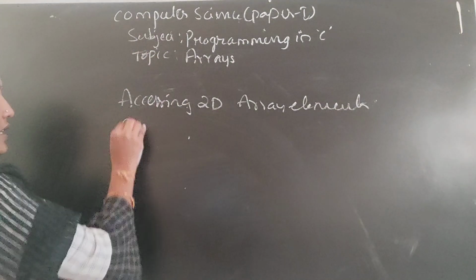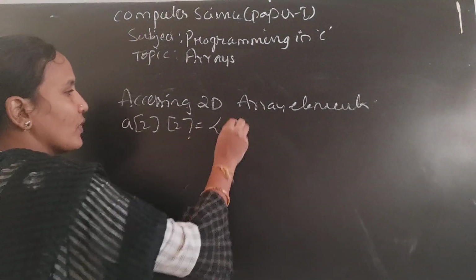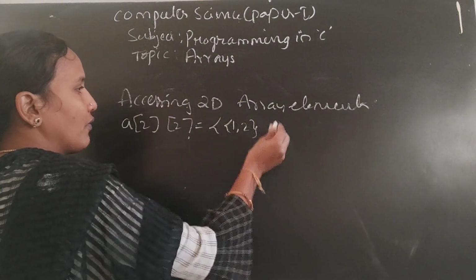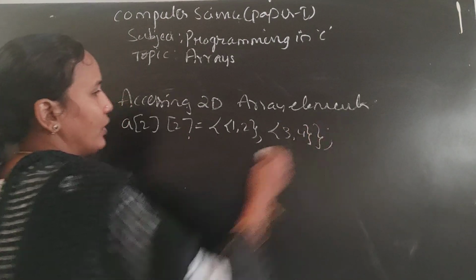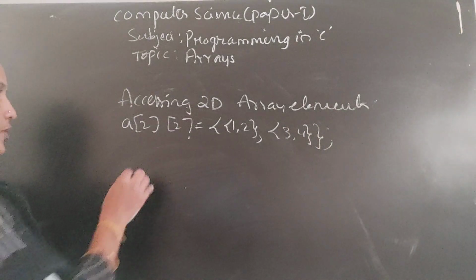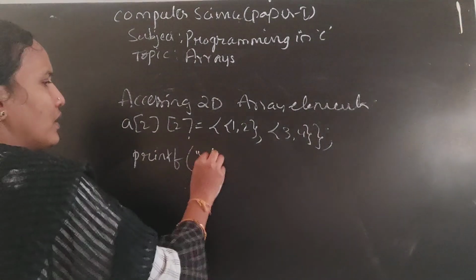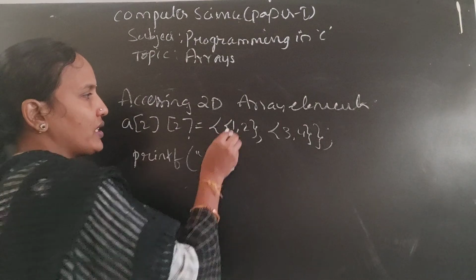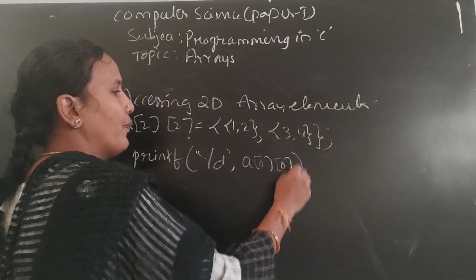Suppose I am giving like this: A[2][2] = {{1, 2}, {3, 4}}. 1, 2 is the first row, 3, 4 is the second row. Now I want to print these elements. Then directly you can give the memory location. printf, %d. What is the first memory location here? A[0][0].